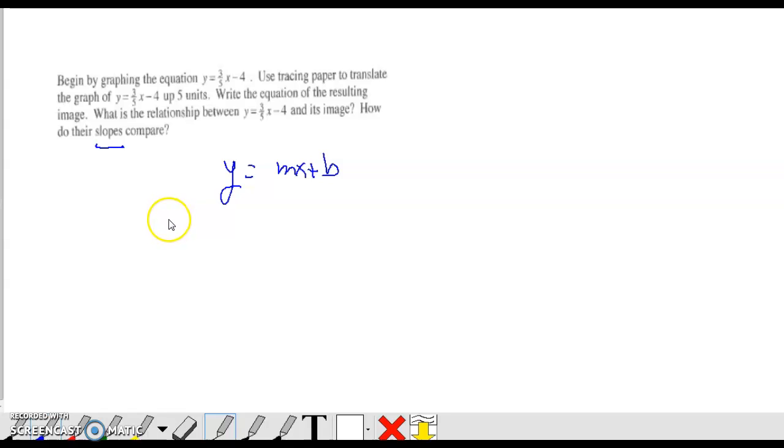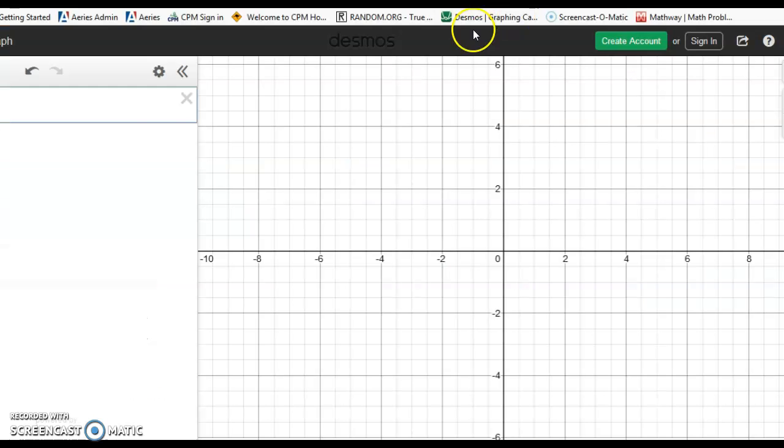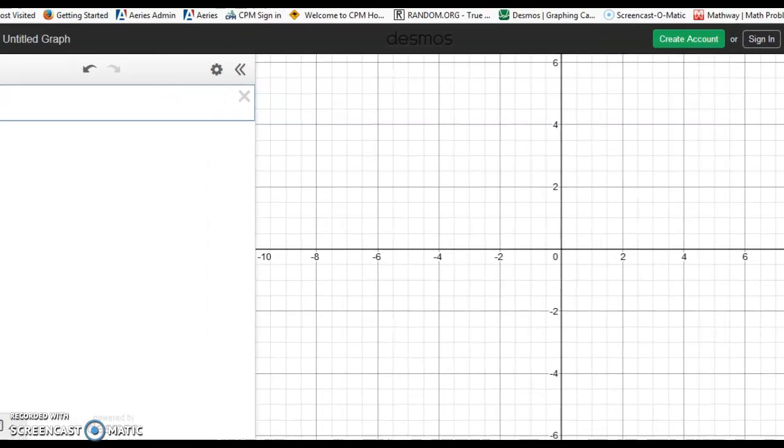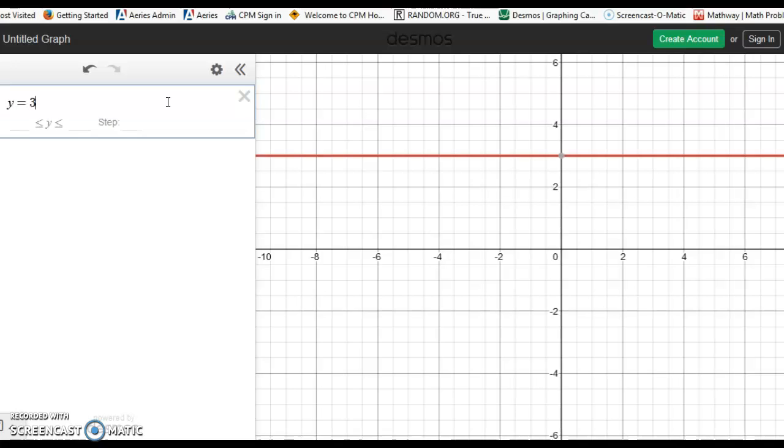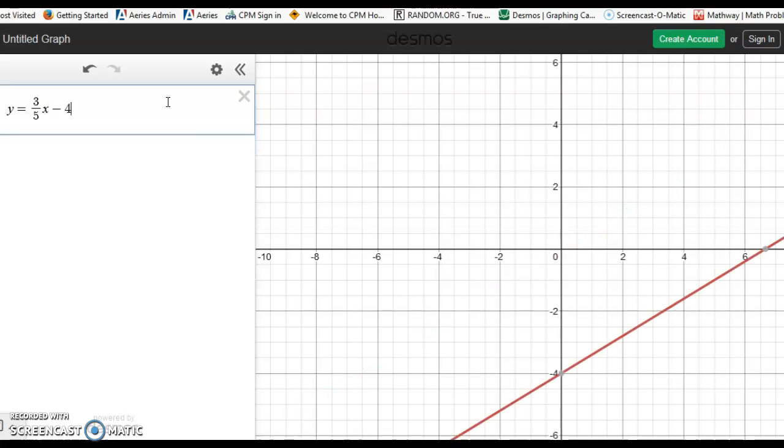So go ahead and pause the video now and come back to this problem. Okay, so if we are back on this problem, we should have graphed this line. So I'm going to go ahead and graph this line. Oops, wrong paper. So here is my, move this over a little bit so we can see my equation. So what did I say? I said it's y is equal to 3/5 x minus 4, right?